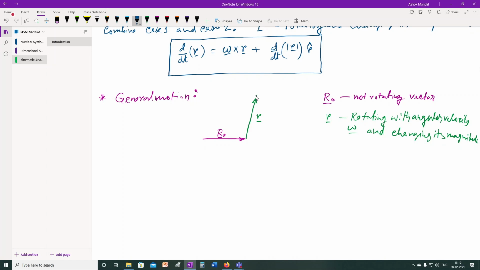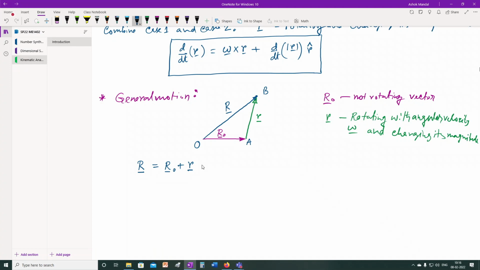Suppose we call this point B and this point A. A is a general point and its position vector is R, this is capital R. B is a general point whose position is given by this vector R, which is actually equal to R0 plus r.